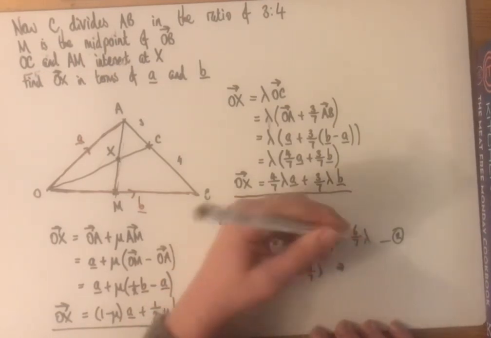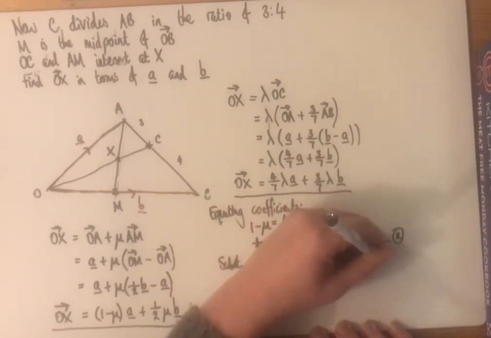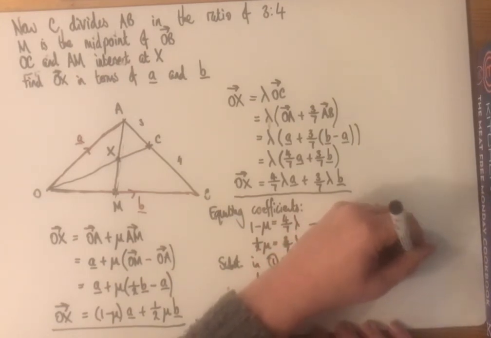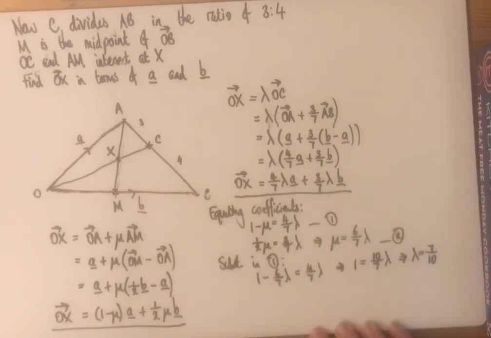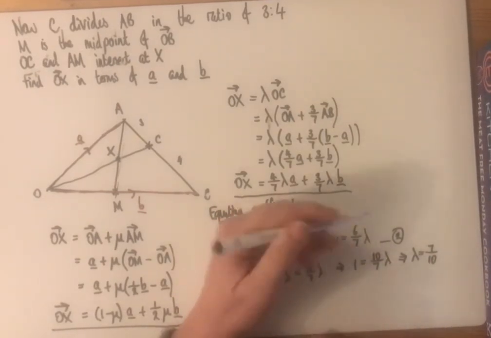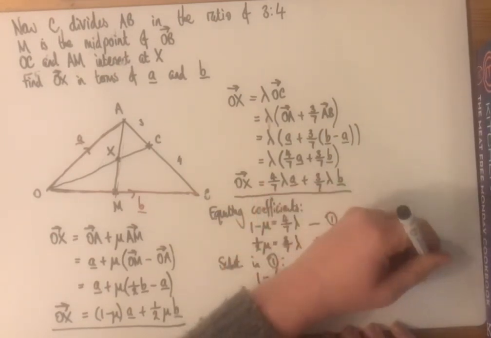And that will give you 1 is equal to 10/7 lambda. And so lambda is 7/10. And if lambda is 7/10, then that makes mu 6/10, substituting into 2.